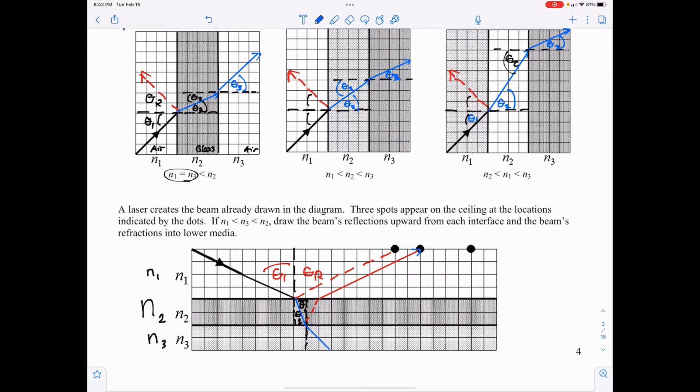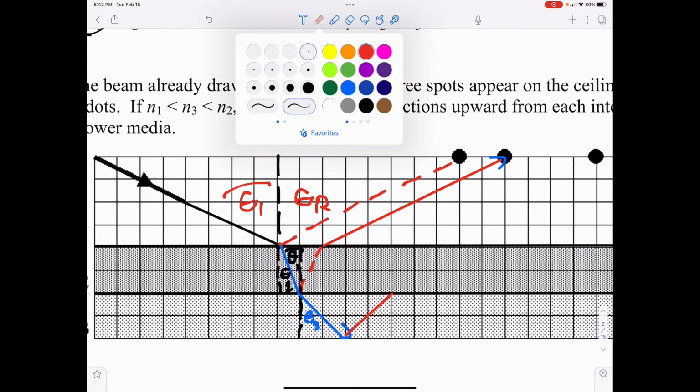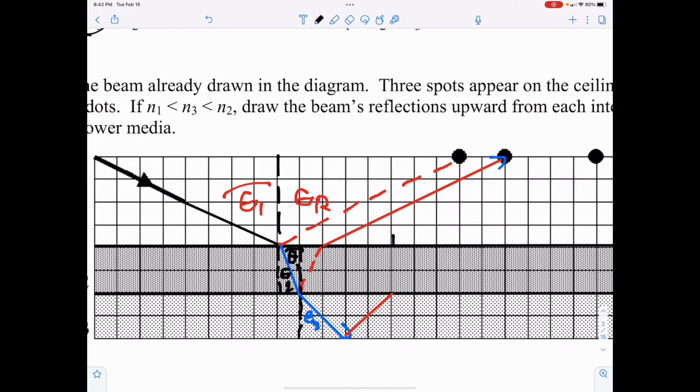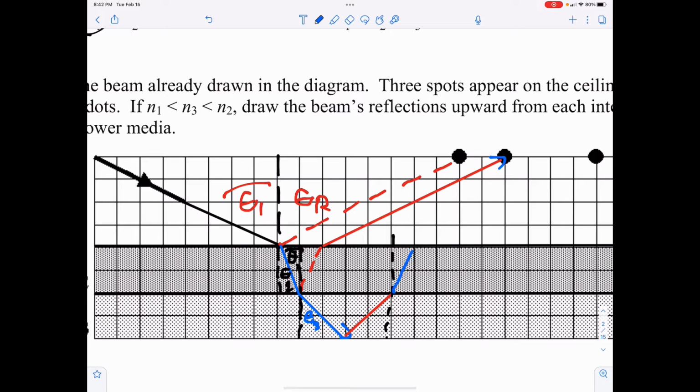Just like that. Okay, there's our theta 3. It's going to bounce off that bottom surface at that same angle. It's going to reach a boundary of higher optical density, which means it's going to refract closer to the normal, like this.